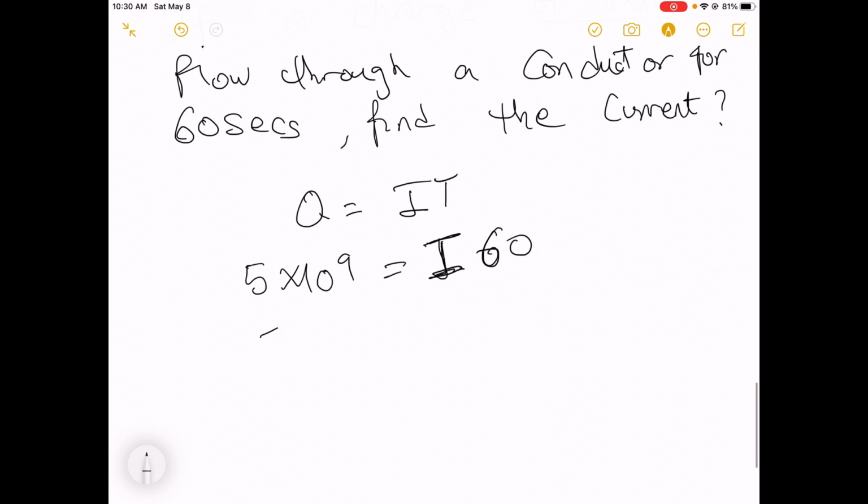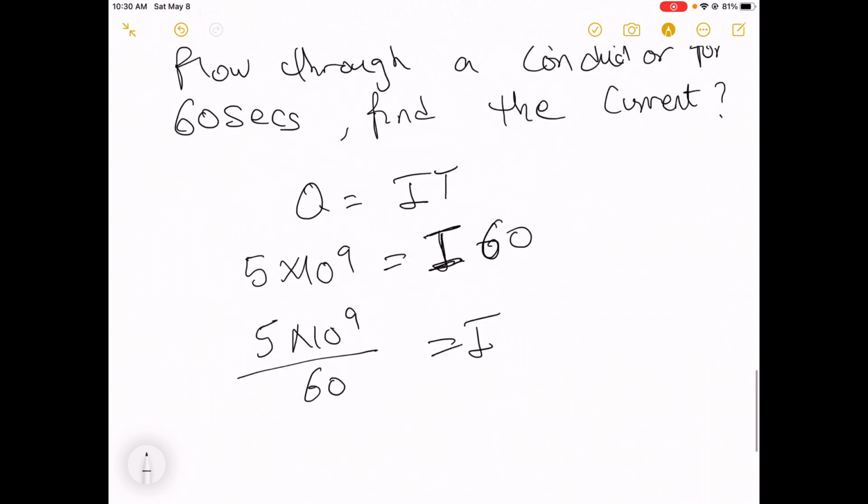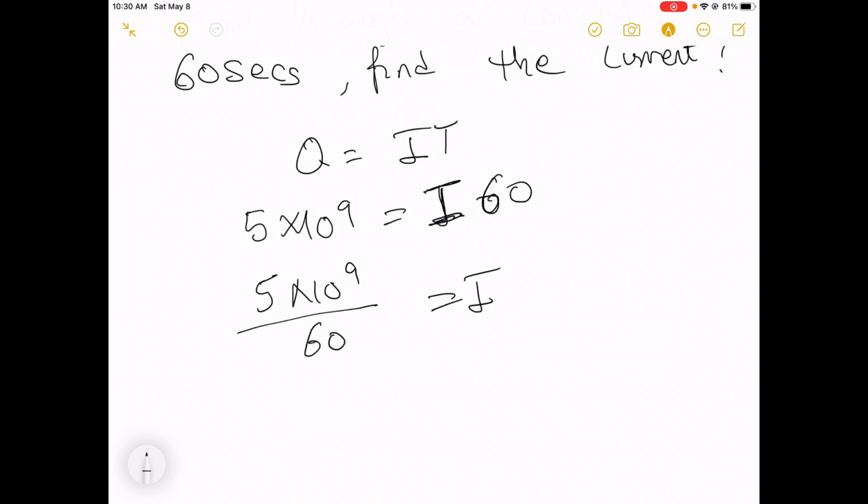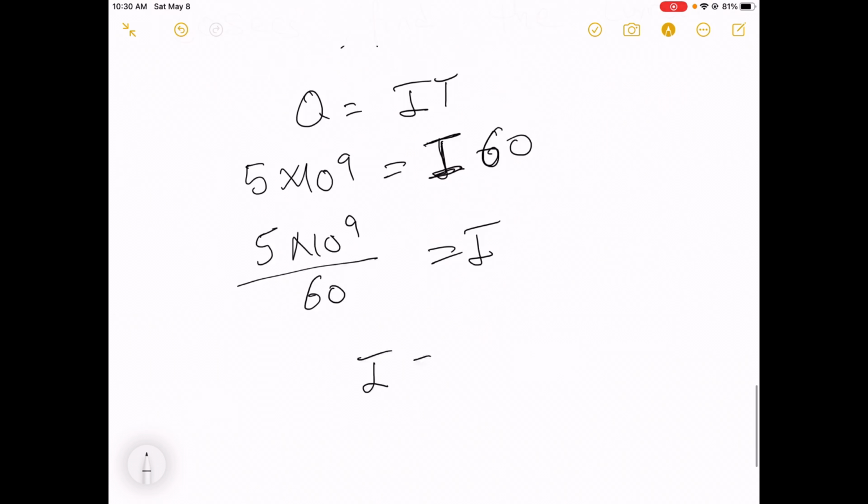So we have 5 times 10 raised to the power 9 divided by 60 equals I. If we do this, our answer should be 8.33 times 10 raised to the power 7 ampere. So it's as simple as that.